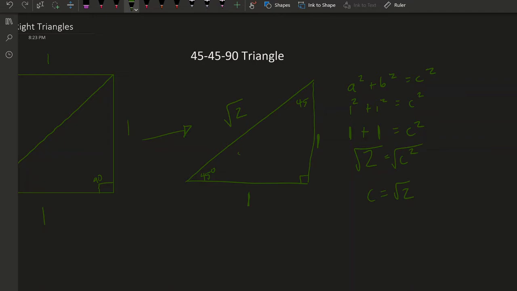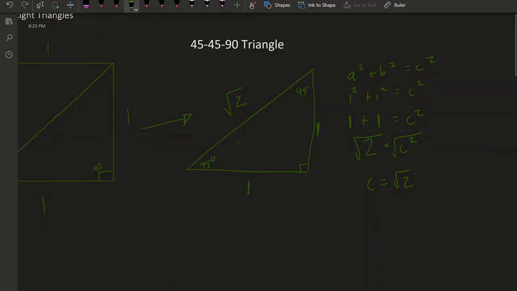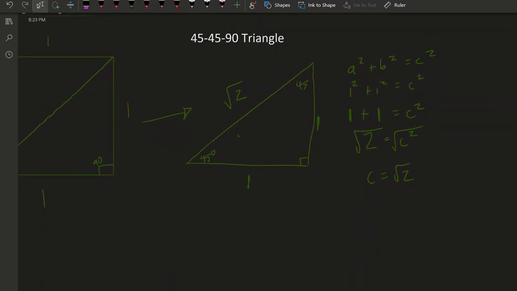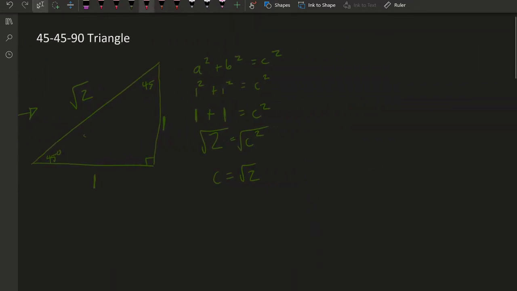Now, the idea behind these special right triangles is that all 45-45-90 triangles are similar to any other 45-45-90 triangle. So that means that if I have another 45-45-90 triangle, let's make this one bigger and pretend this isn't here.